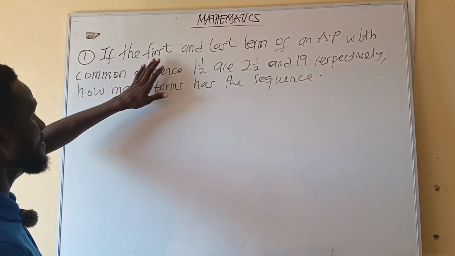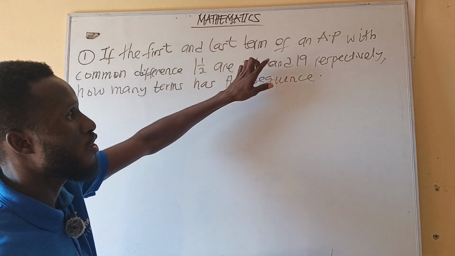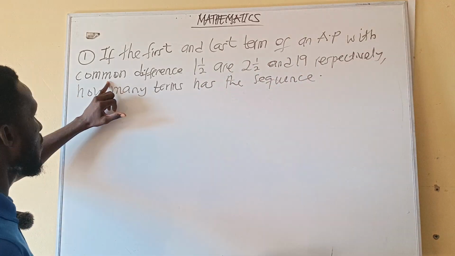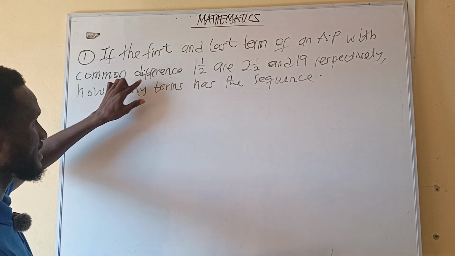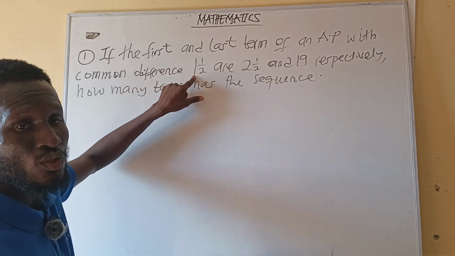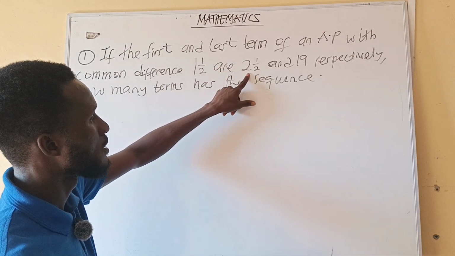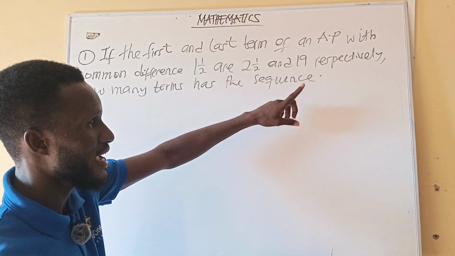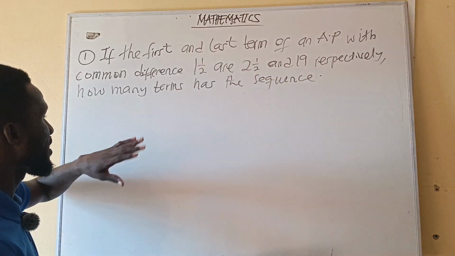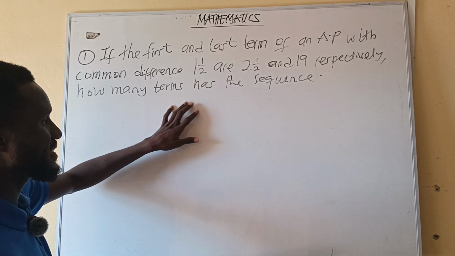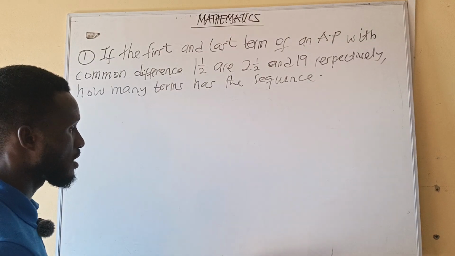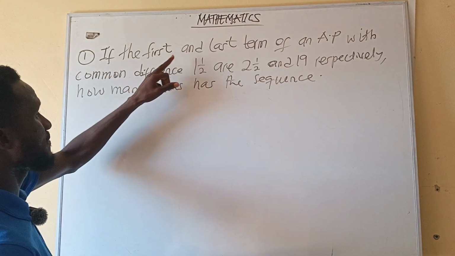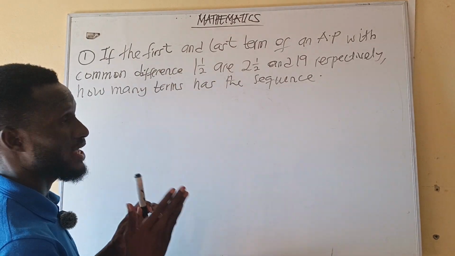Now let's see: the first and the last term of an AP with common difference 1 1/2 are 2 1/2 and 19 respectively. We have to look for how many terms the sequence has.